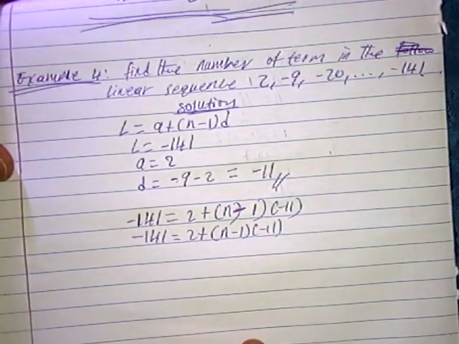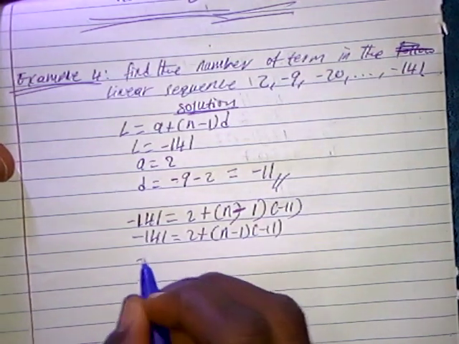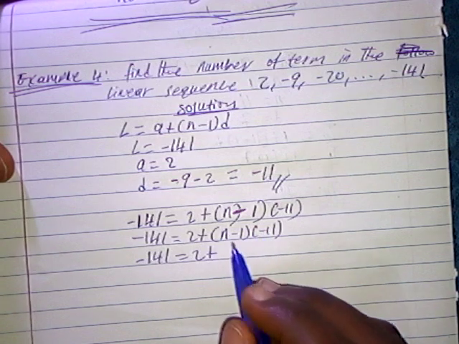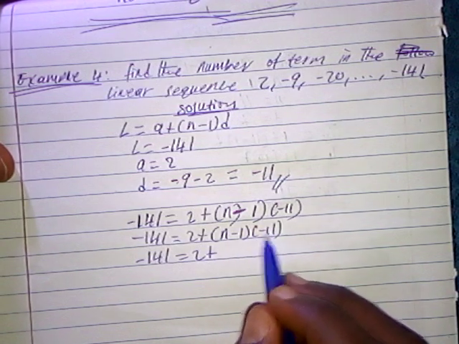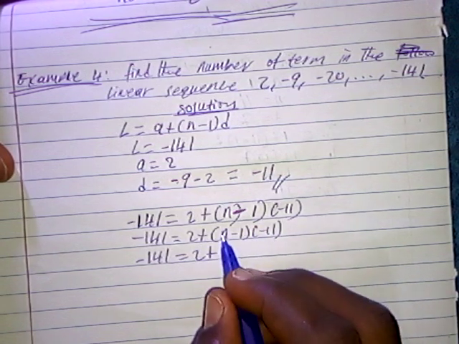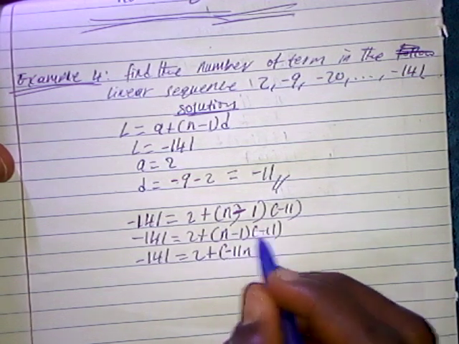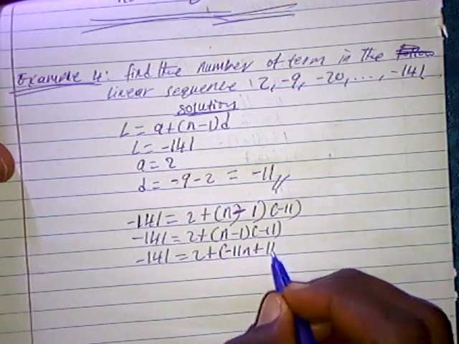Good. What are we going to do here? Minus 141 is equal to 2 plus, we are going to multiply by minus 11. n times minus 11 is minus 11n. Minus times minus is plus, and 1 times 11 is 11.